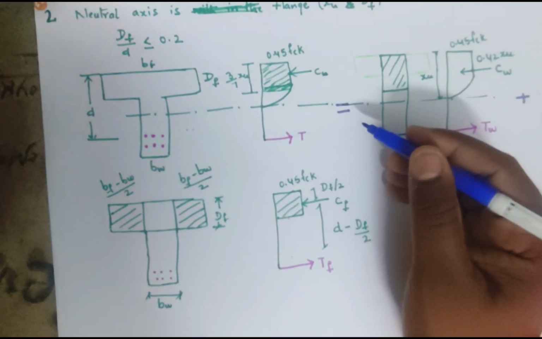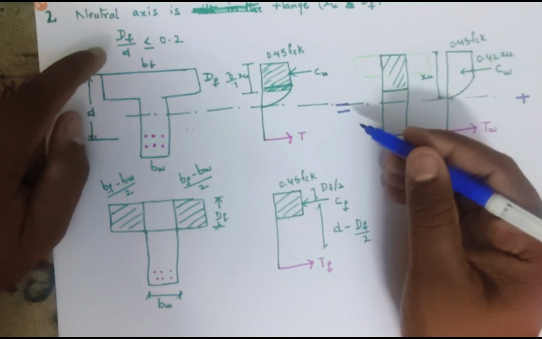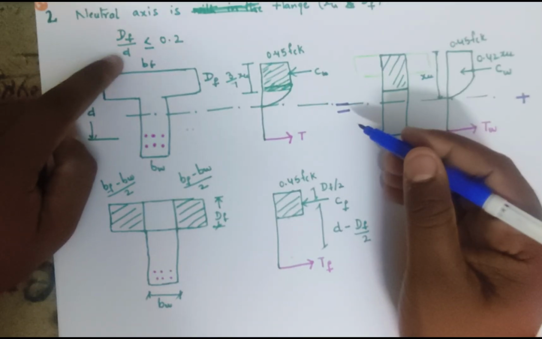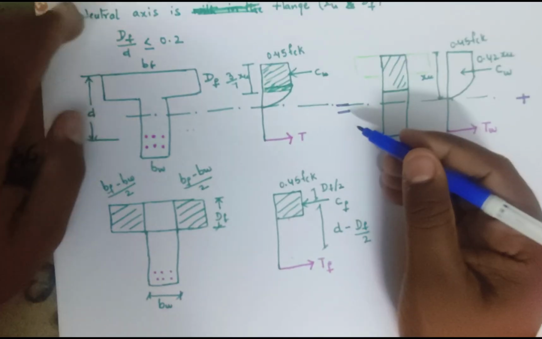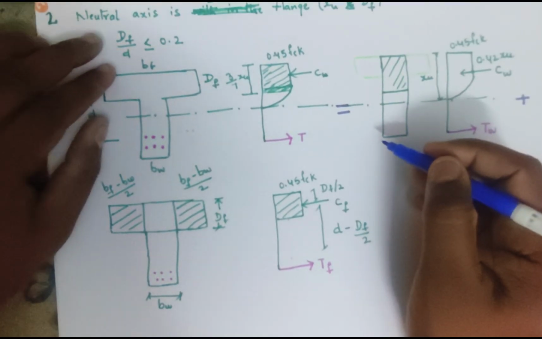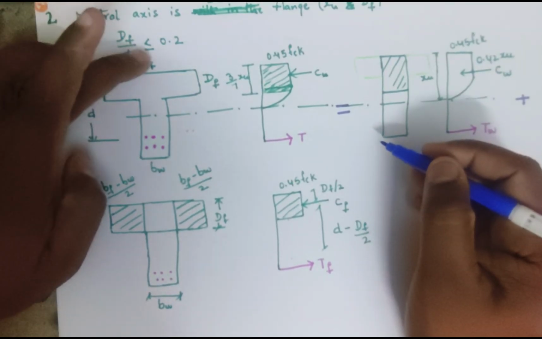The ratio of depth of the flange by effective depth less than 0.2, and the ratio of depth of the flange by effective depth greater than 0.2. Now we will discuss the equations involved in the analysis of Df by d ratio less than or equal to 0.2.